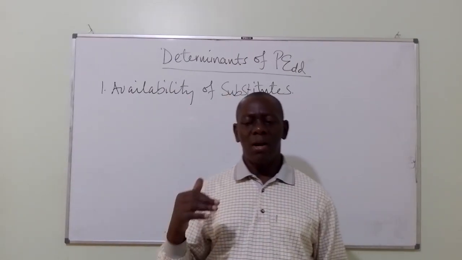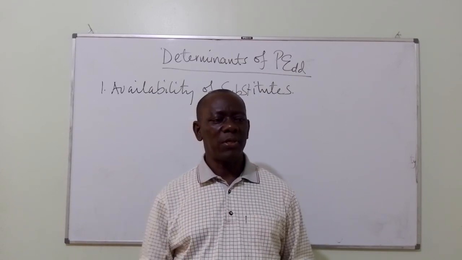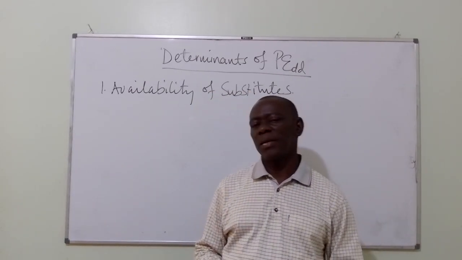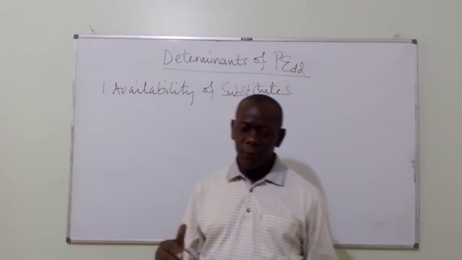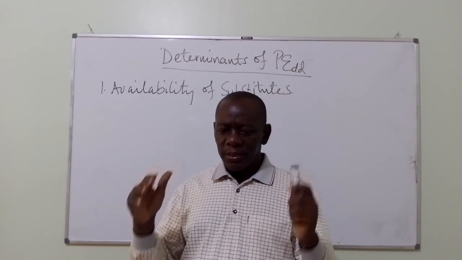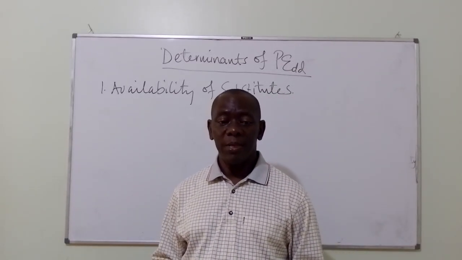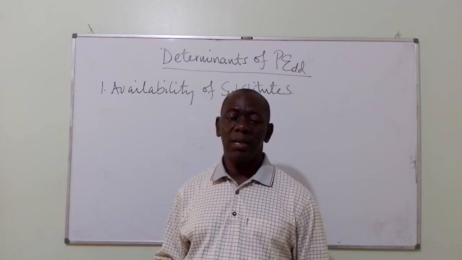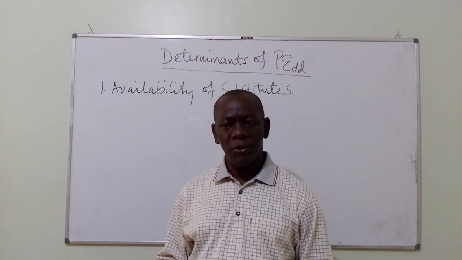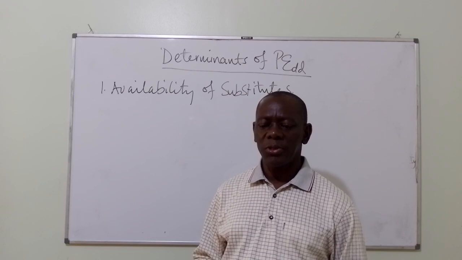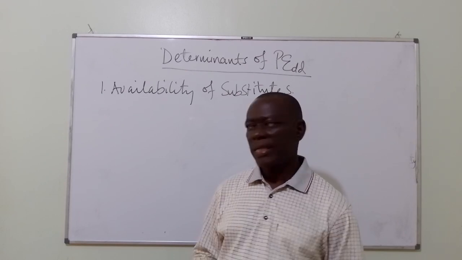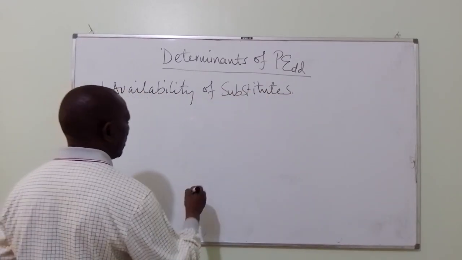The more I increase the price, people will run away to the other substitutes. The seller must know that this commodity has many substitutes. And if a commodity has no close substitutes, then it will have inelastic demand.